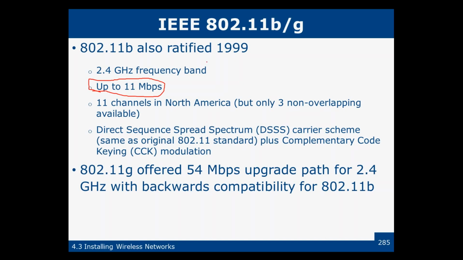11 channels in the U.S., and again, only 3 non-overlapping are available. The 11B used direct sequence spread spectrum, DSSS, which I always have trouble saying. What that means is that part of the signal is sent on one frequency, the next on another frequency. They call them chips.